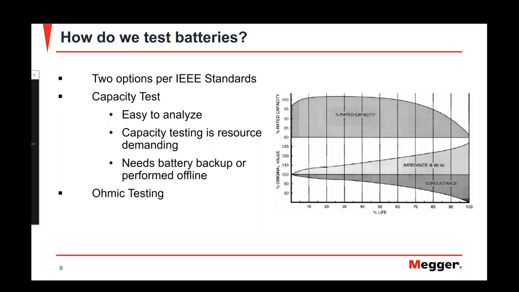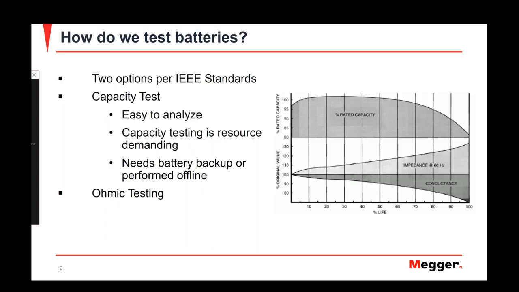The capacity test requires a large amount of resources and planning, and it also requires a battery backup depending on how your system's designed, or in some cases, this isn't even an option and the test has to be performed with your batteries offline. Additionally, if this test is done wrong, you can harm your batteries. So typically you want to limit the amount of times that you do a capacity test over the life of the battery. This is why the test is usually performed every 3 to 5 years.